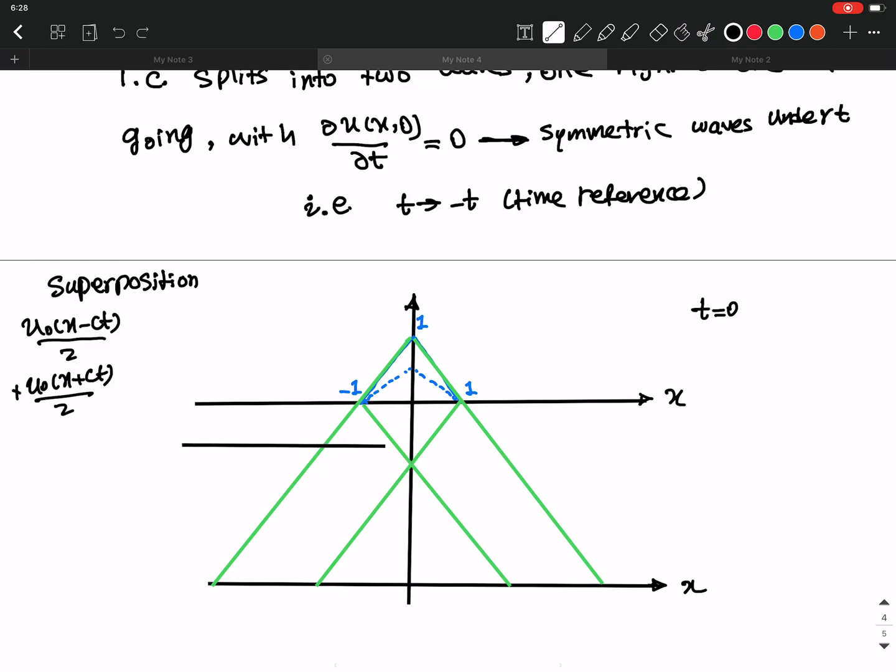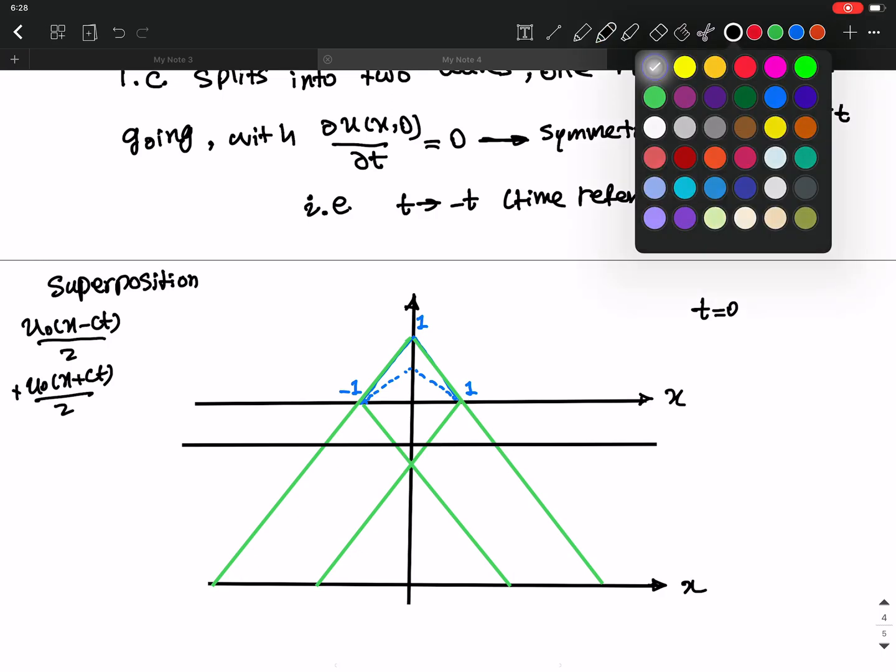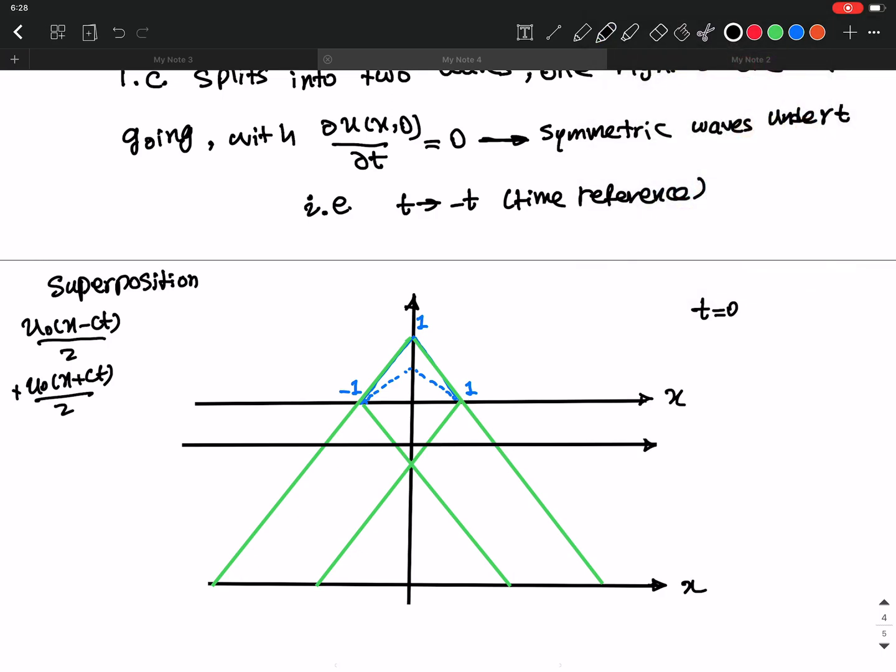I want to show what happens when you are in between these two limits. Let's first go to the last one, when t is greater than 1 over c. What you are going to see is similar to what I plotted before.